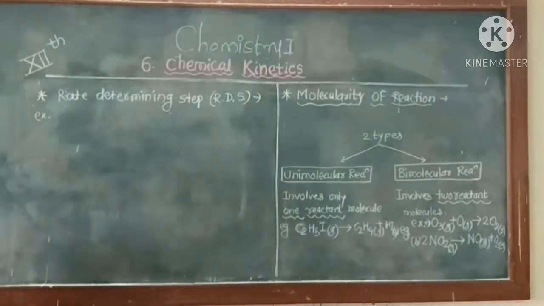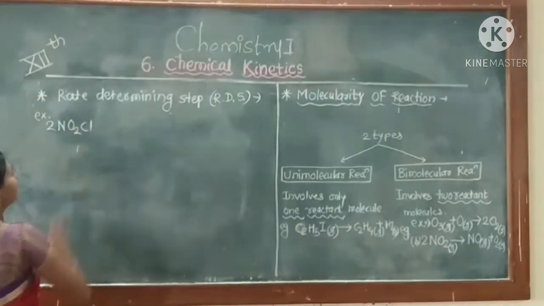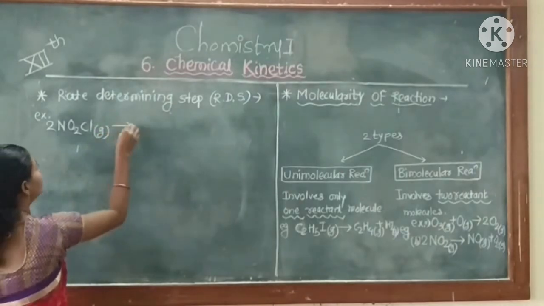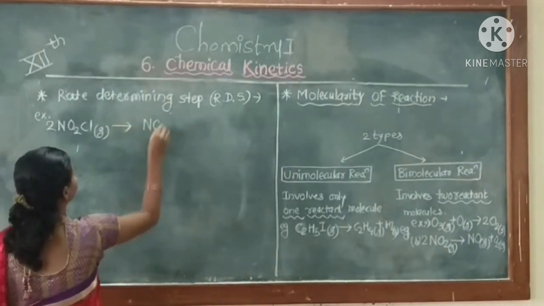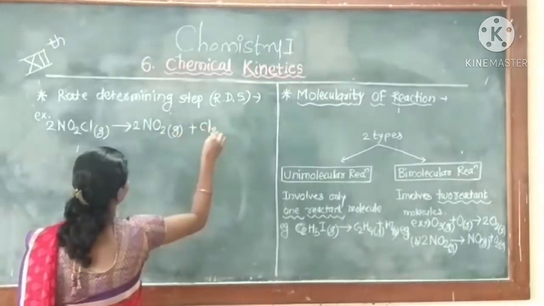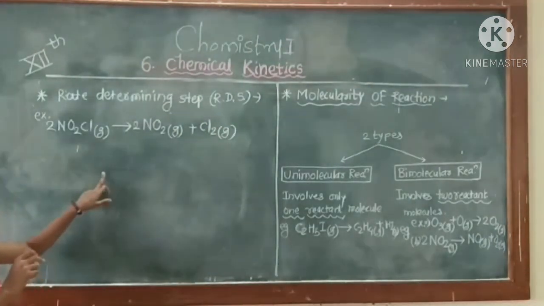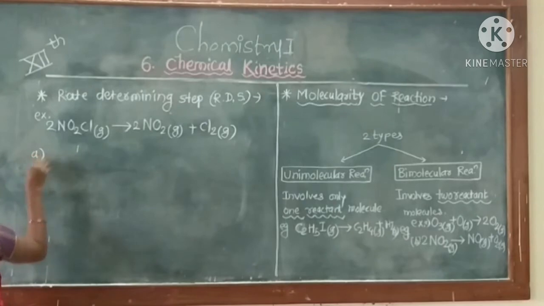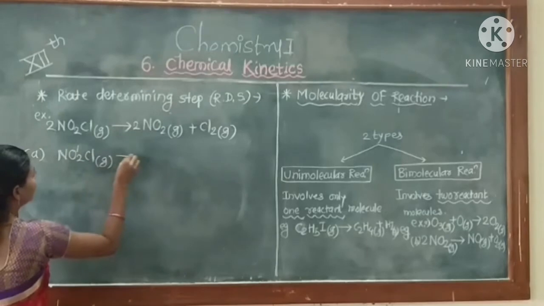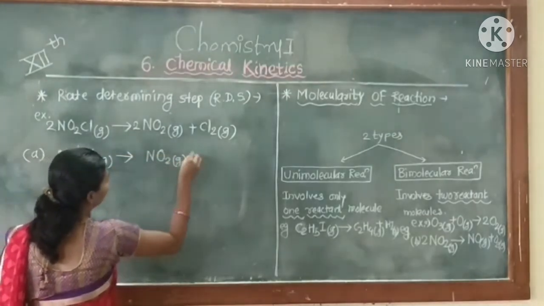For consideration, we take one example, NO2Cl gas, which gives twice NO2 gas plus Cl2 gas. This reaction follows two steps. In the first step, NO2Cl gas gives NO2 gas plus chlorine gas.